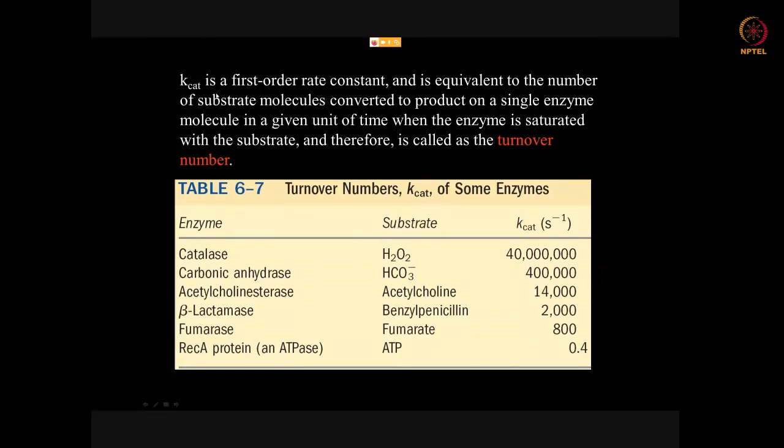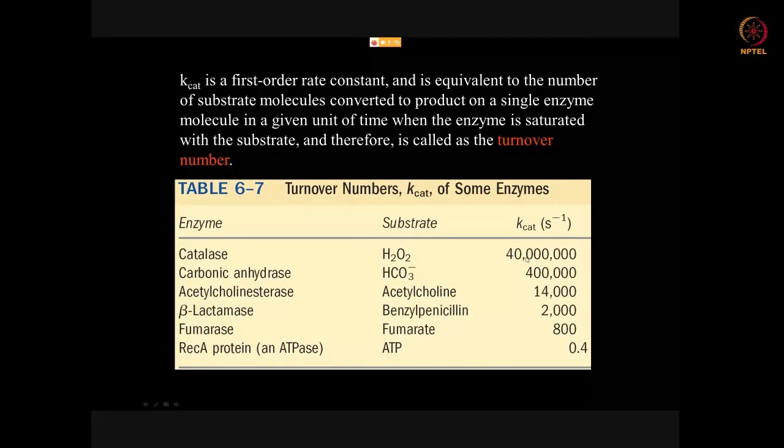So this helps us to measure essentially the rate at which substrate is being converted. And if you look at some of the enzymes, it's extraordinarily high. Like catalase, which breaks down hydrogen peroxide into water and oxygen.